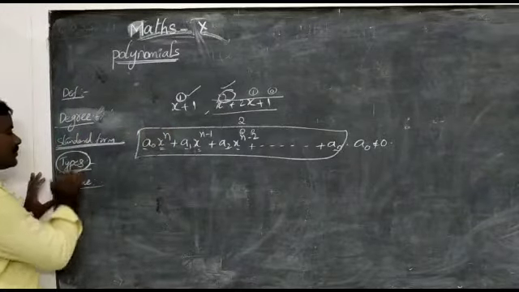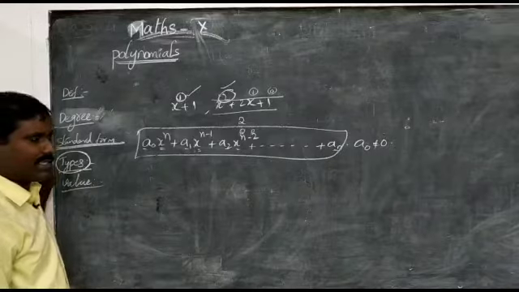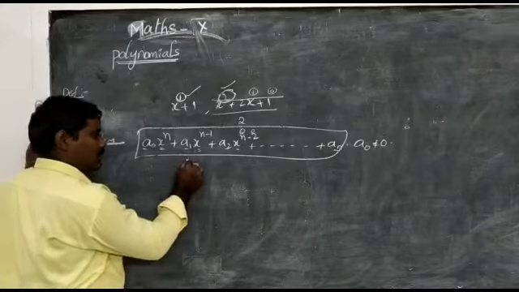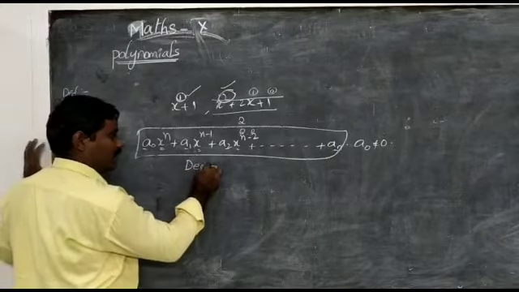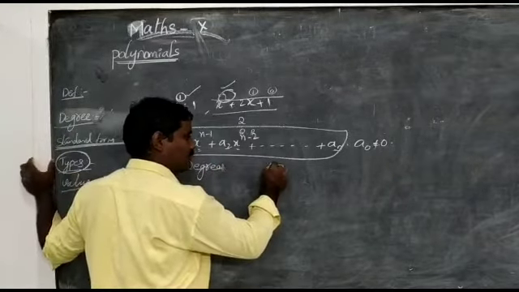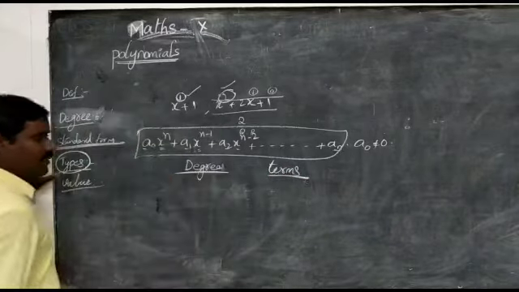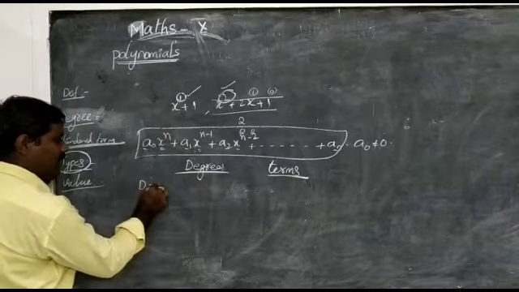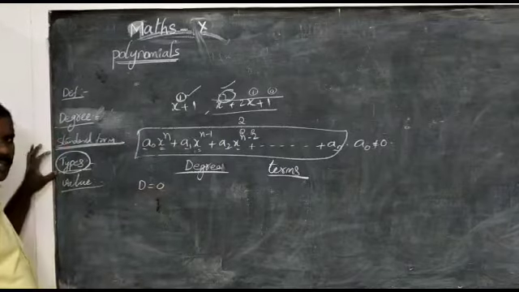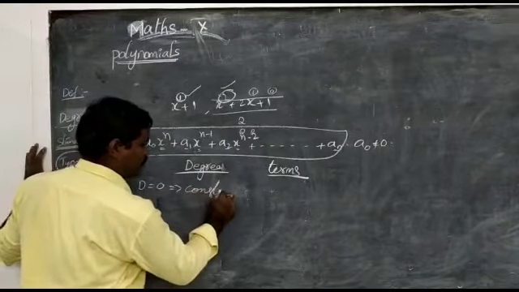Now types. What are the types of polynomials? We already know them from the 9th class. Types are based on degree and also based on terms. Based on degree: if the degree is 0, constant polynomial.